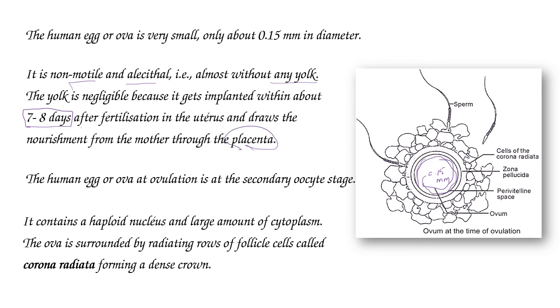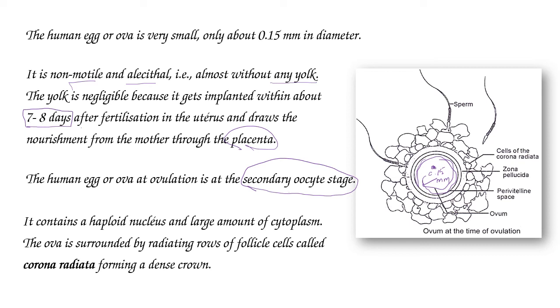Now, in humans, the egg or ova at ovulation releases from the Graafian follicle. It is in secondary oocyte stage. That means it is not converted into ova when it is released from the follicle. And this secondary oocyte consists of a large amount of cytoplasm and a haploid nucleus.